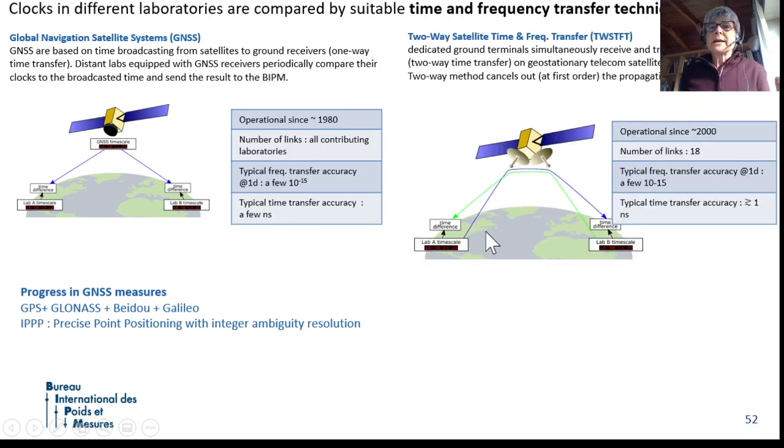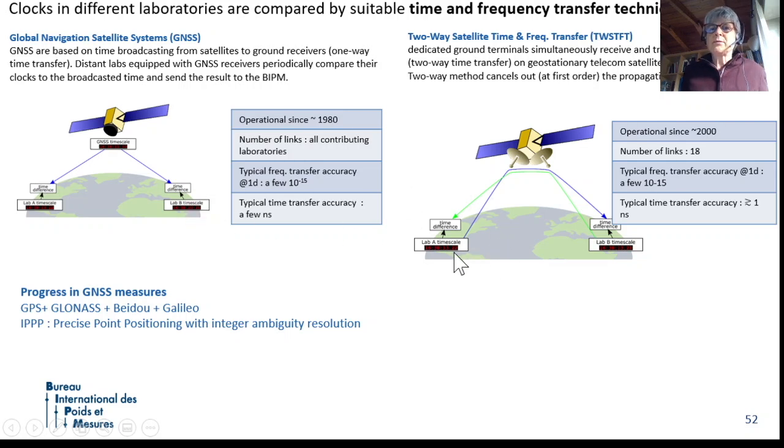Or there are other techniques, called two-way time and frequency transfer, based on satellites, where the laboratory is sending a signal to the satellite, which is jumping back. It is again transmitted to the satellite and coming back. The GNSS system is said to be passive because you just receive the signal.